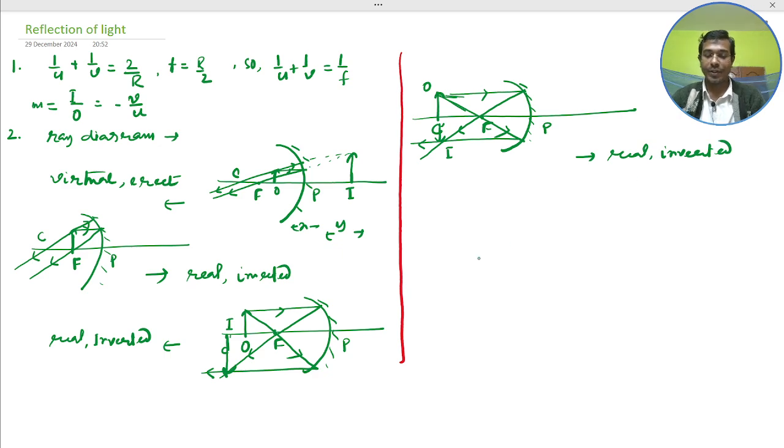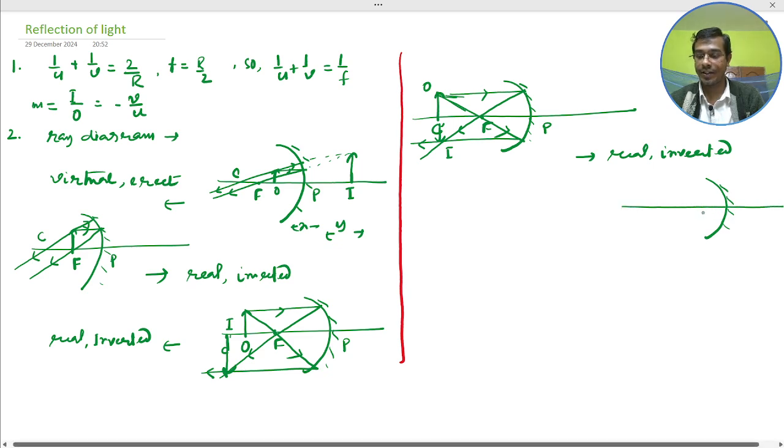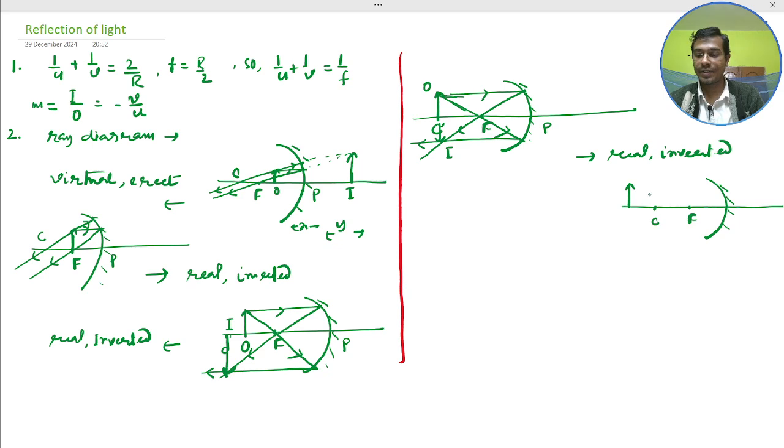Next, the object between center of curvature and infinity. This is F, C, and this is the object. A ray goes in this direction and follows back through the focus. Another ray goes through C and reflects back in this direction.